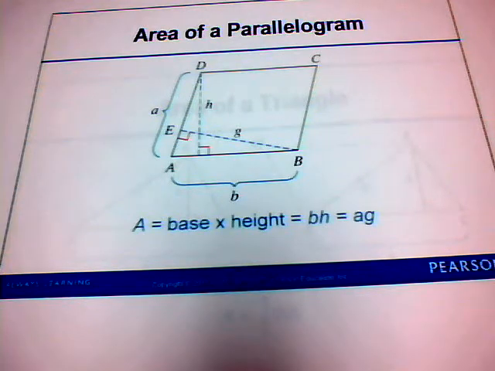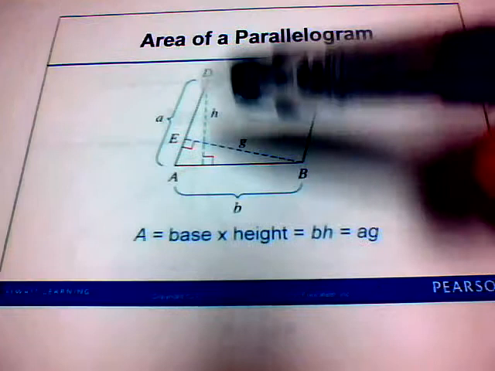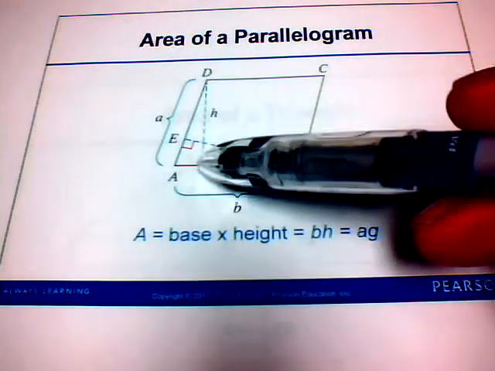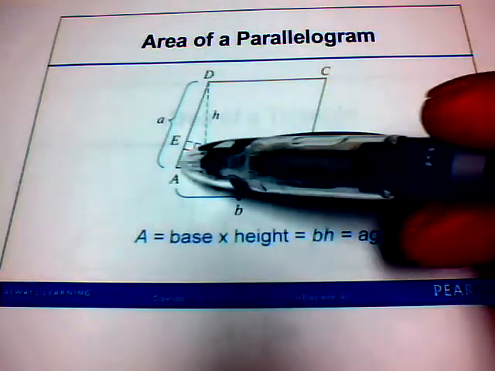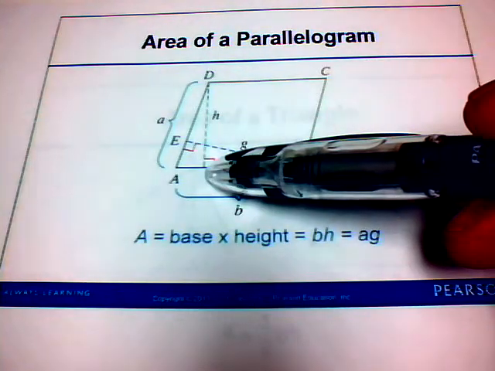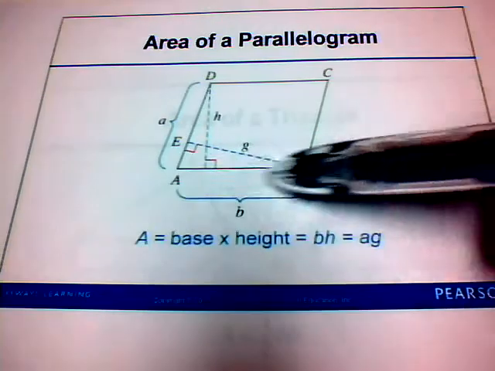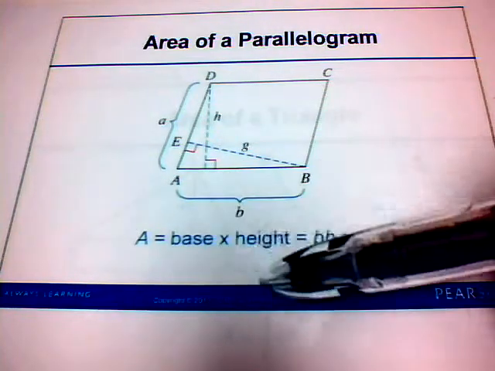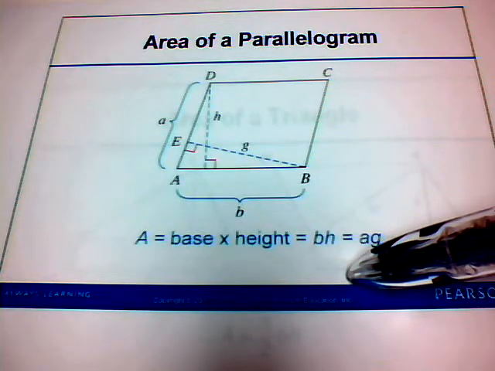All right, next is the area of a parallelogram. The parallelogram has a base and a height. So this is the base going straight across, and the height goes straight up and down. Keep in mind, the base and the height are always perpendicular to each other. You can tell by this box right here. This has to be the base, this must be the height. So the area of that parallelogram would just be base times height.